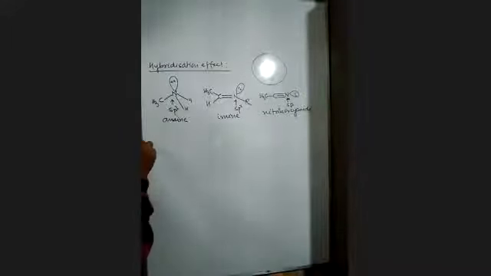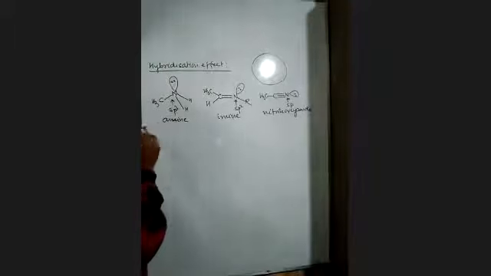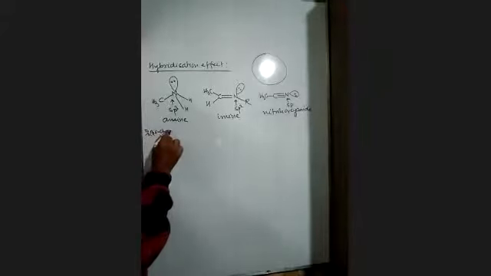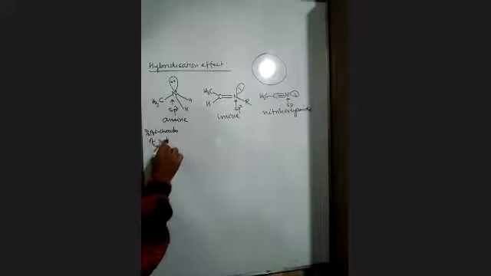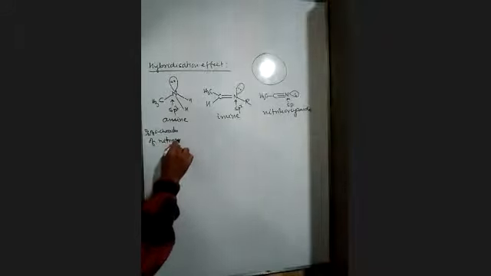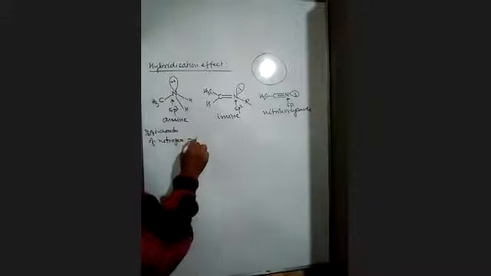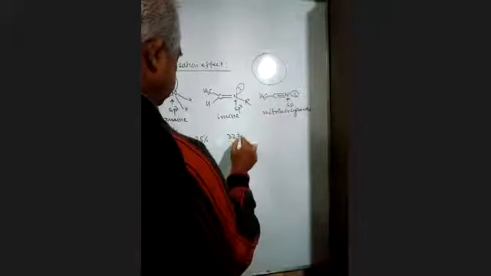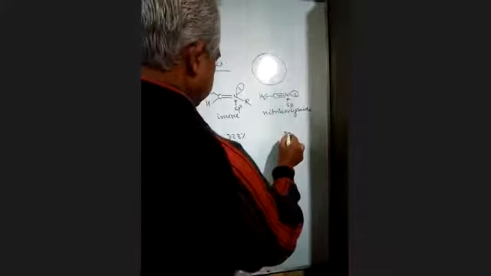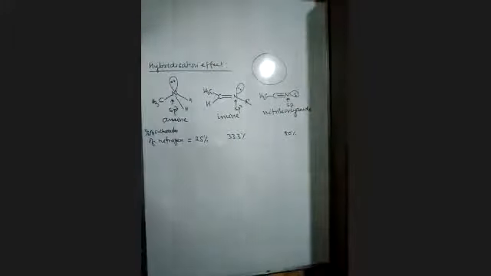So I'll write that percentage of S character of nitrogen. It is 25%. It is 33.3%. And this is 50%.